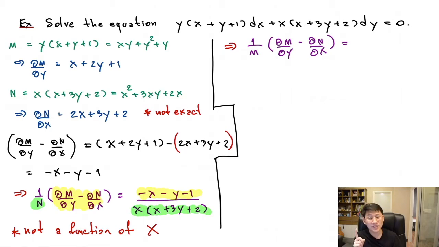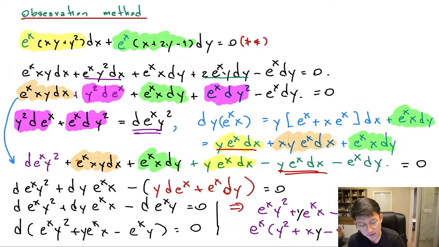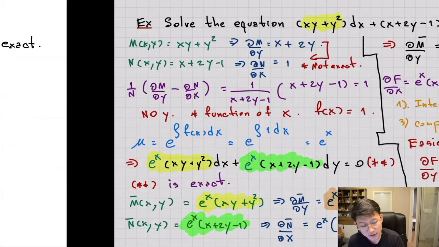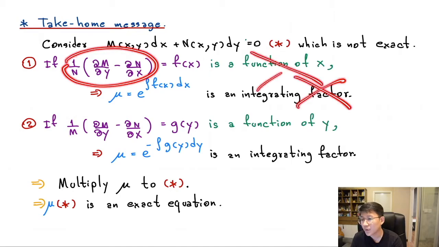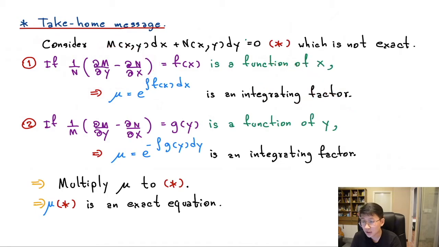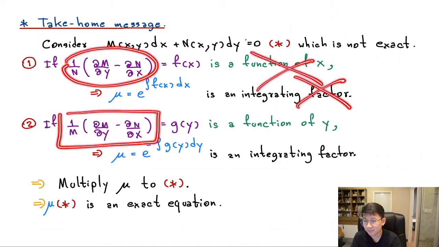Okay, let's hope that it's a function of y. Because right now, if you look at the take-home message, we know that this is not a function of x. We can't use this anymore, right? So we're going to look at whether or not this is a function of y.